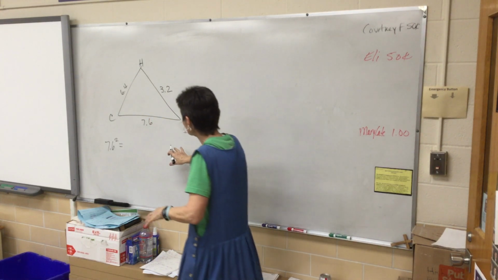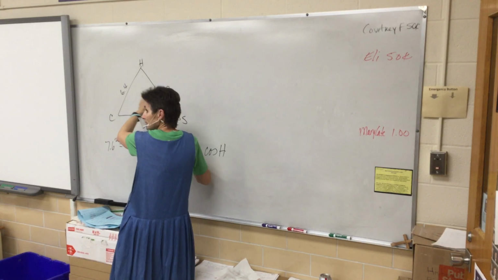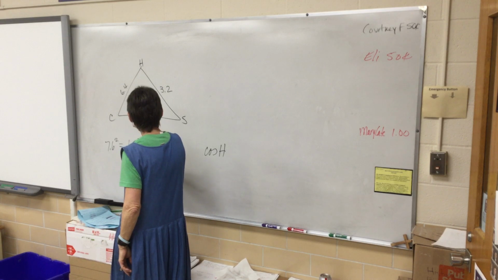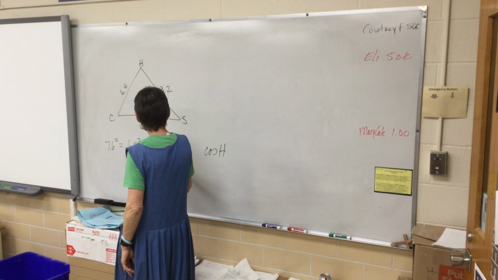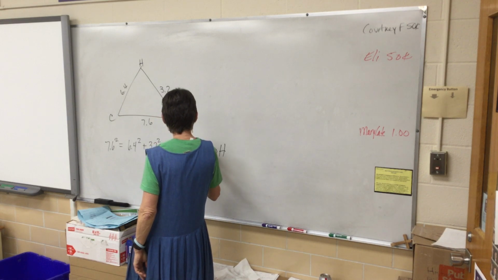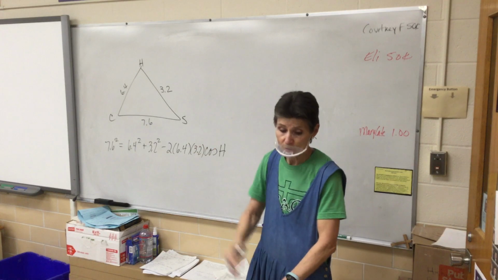And then everything in the middle is going to be a combination of these guys. So 6.4 squared plus 3.2 squared minus 2 times 6.4 times 3.2, and that's all times the cosine of H.